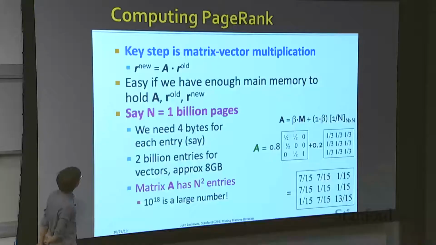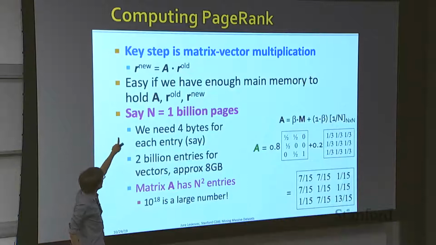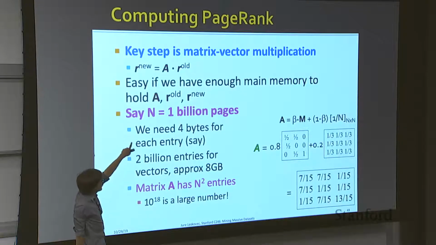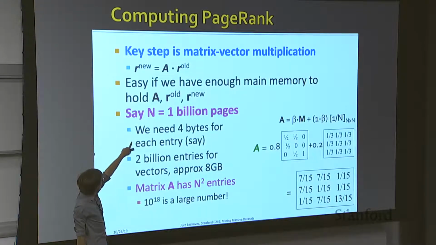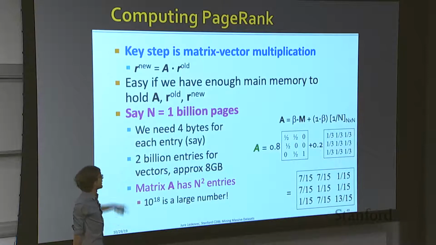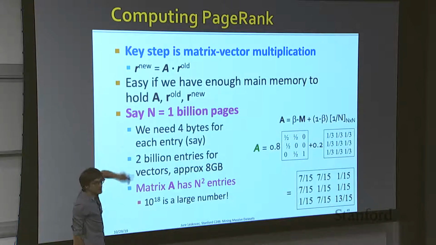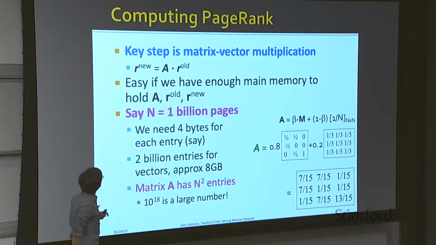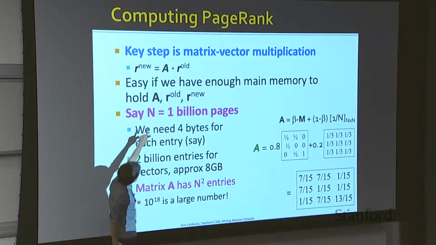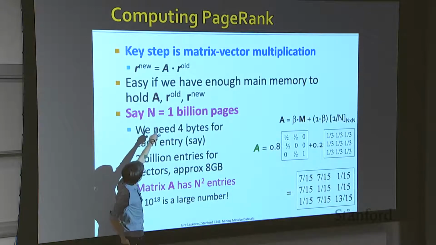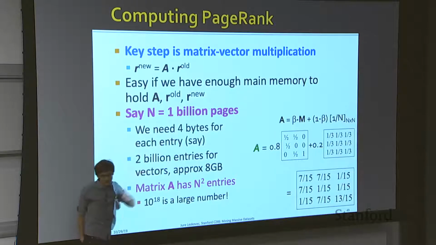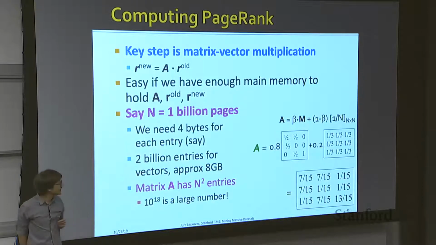Here's the issue. The key is this iteration where our previous R times A is our new R, and I want to be able to iterate this as many times as possible. If A, R old and R new are small and I can fit them in main memory, then life is good.